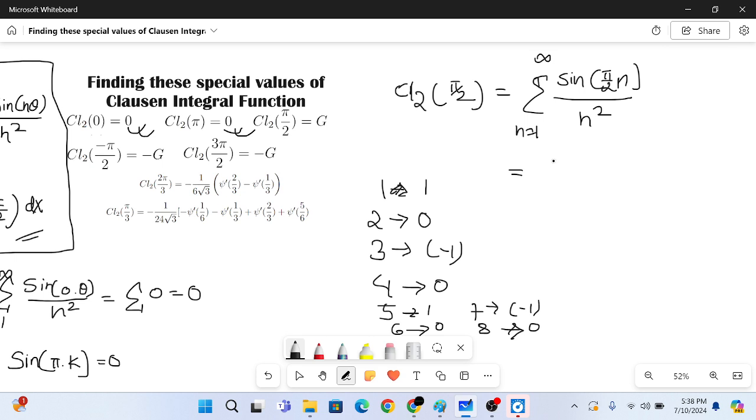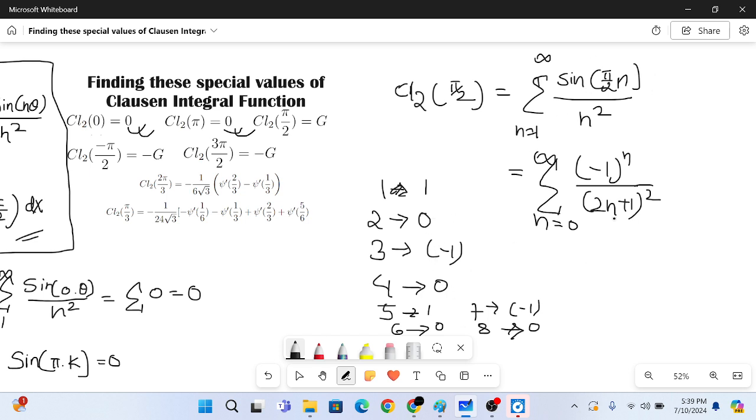Now we can rewrite this sum as the sum from n equals 0 to infinity of minus 1 to the power n divided by 2n plus 1 square. You can see that only odd terms will be there, because for even n the sine goes to 0.